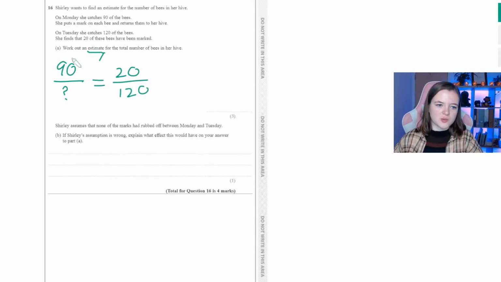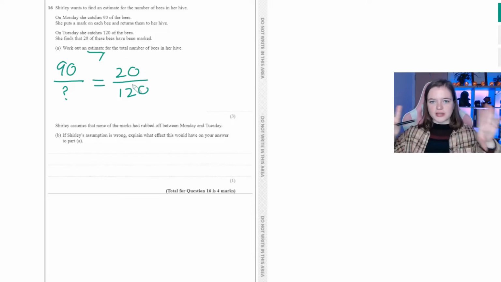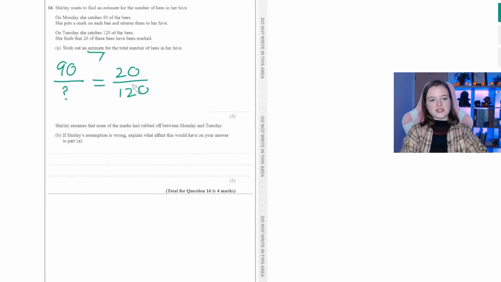Because we're saying that the 90 out of the first catch is proportional in size to this new catching. Does that make sense? So the spread will be the same roughly. So that'll help make it a bit easier.